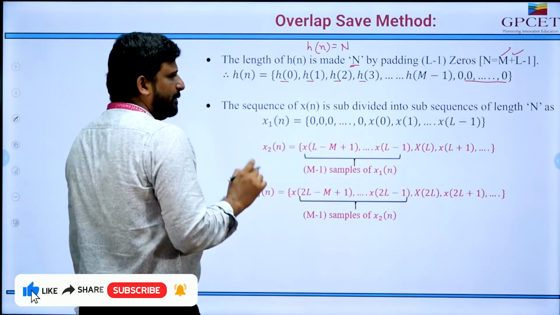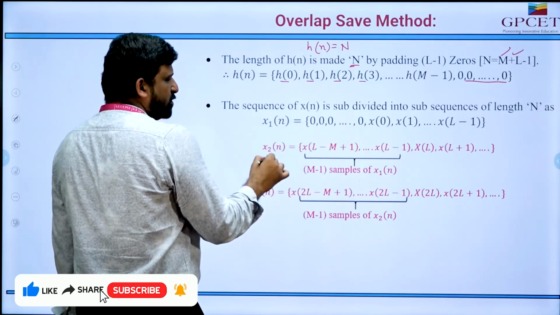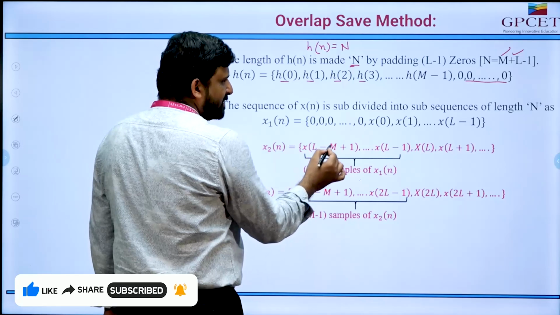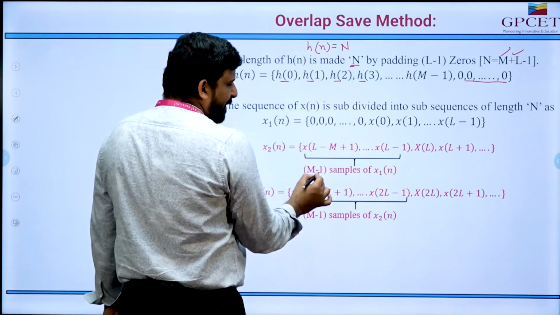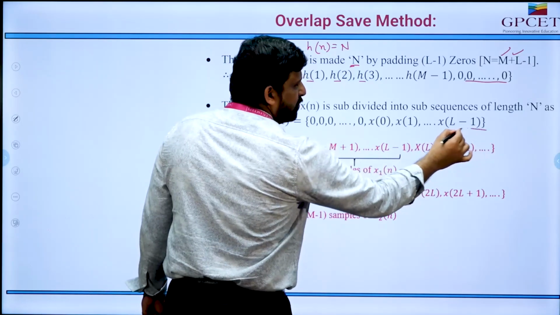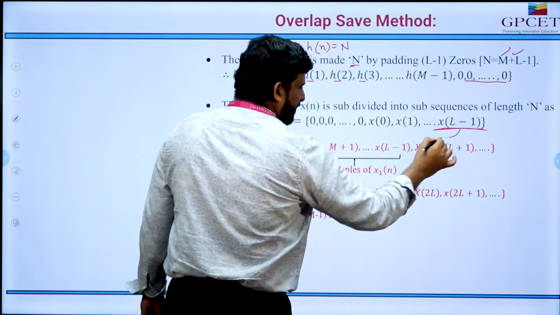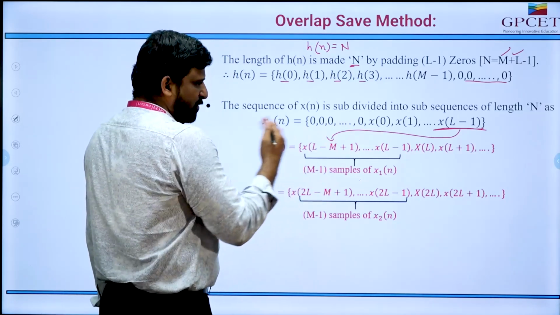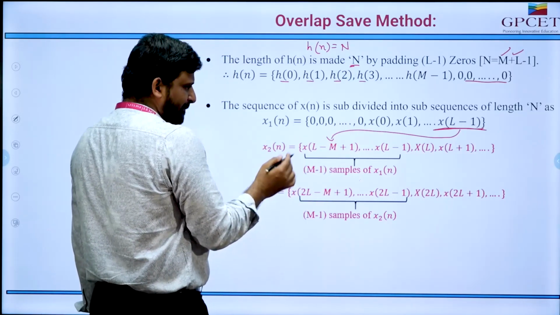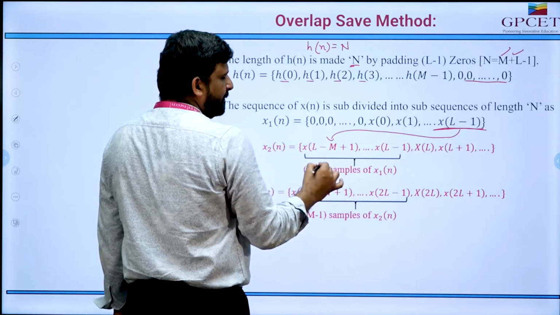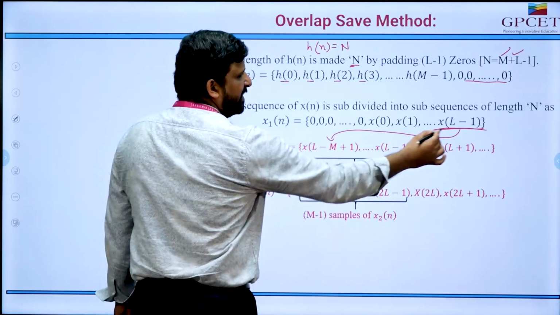It is the first sample. Now the second sequence, x2 of n, what are we going to do? See here, the last M minus 1 samples of x1 of n are added here. I think you are getting the point. First, what I am adding in x2 of n, the first samples are nothing but the M minus 1 samples of x1 of n.